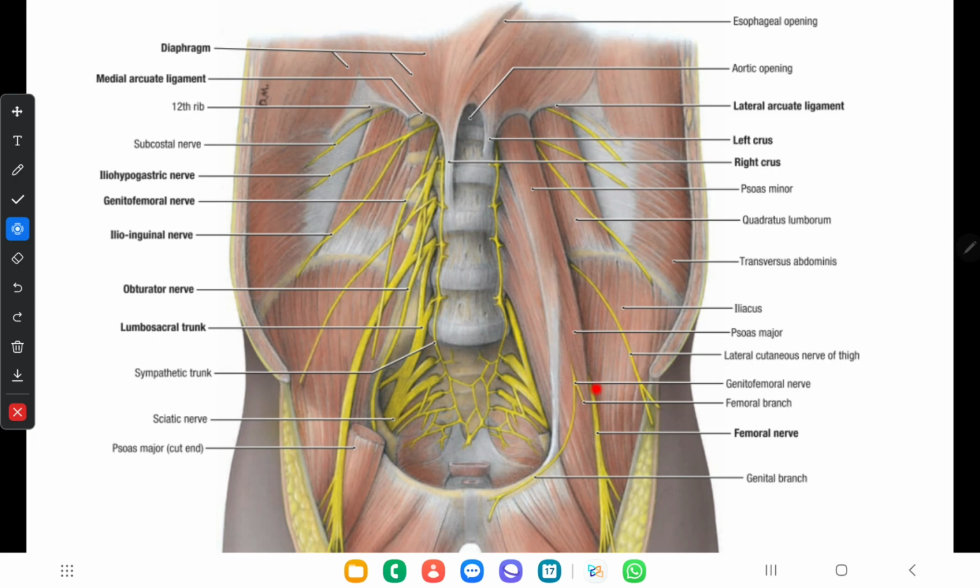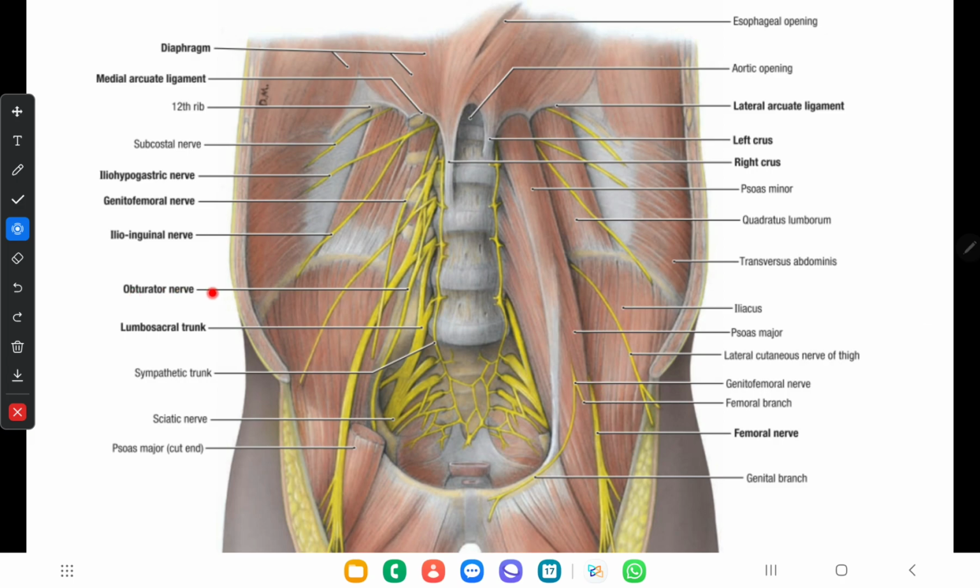I discussed the femoral triangle in my previous video, and you can remember the femoral nerve lies lateral to the femoral vessels. This femoral nerve also supplies iliacus muscle as well as the lower part of the abdomen.